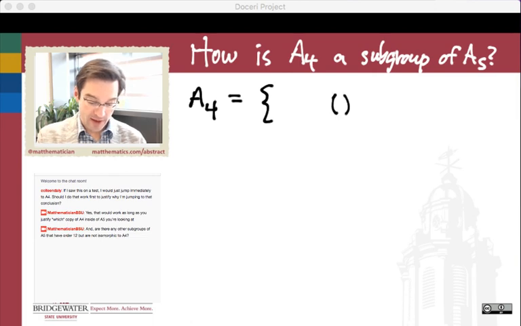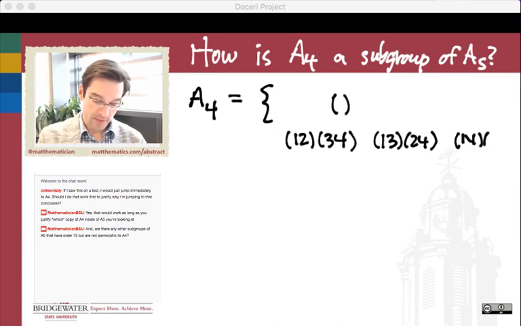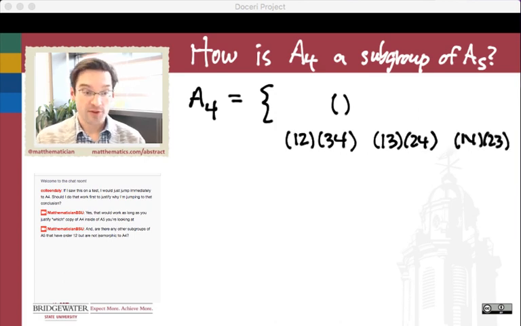I've got the identity, which has the cycle type 1 plus 1 plus 1 plus 1. We have the 2 plus 2 cycles: (1 2)(3 4), (1 3)(2 4), and (1 4)(2 3).